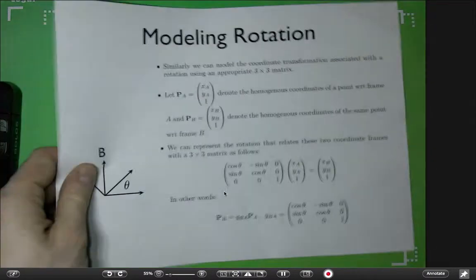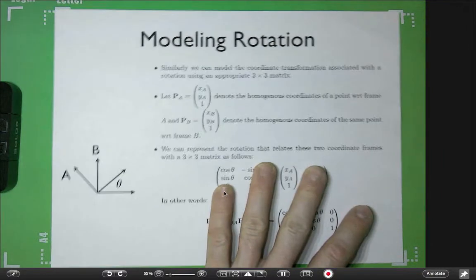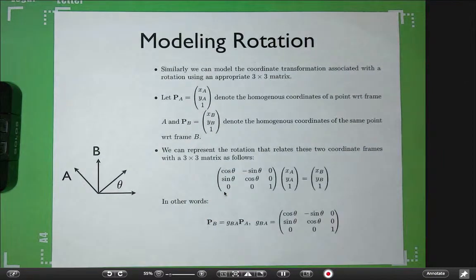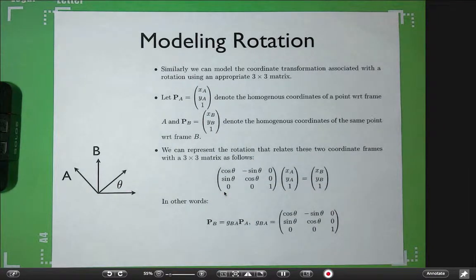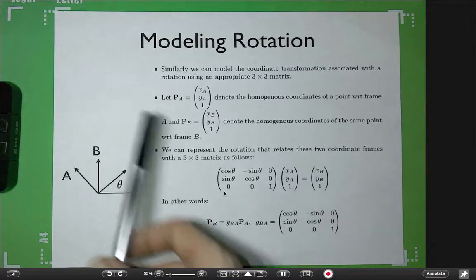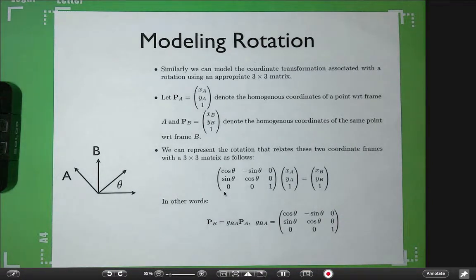It would be sort of weird if we could do only translation and couldn't do the other operations. Obviously, in the same framework, with homogeneous coordinates, we can also do rotation. We were able to do rotations before, just in a linear space, but we need to do them also in the homogeneous space, because then we can just multiply all these matrices nicely together, and we don't have to worry about all the individual transformations.